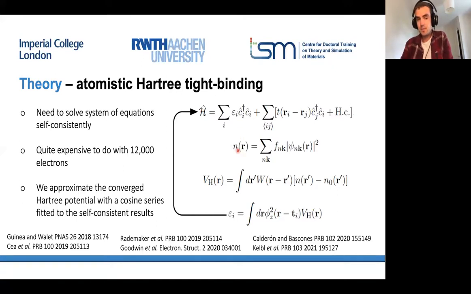This is quite expensive to do at the magic angle in a tight binding model, because we have about 12,000 electrons in our pz orbitals. But this is significantly cheaper than, say, doing a DFT calculation, which is basically impossible to do for a fine twist angle and doping dependent study at the magic angle.